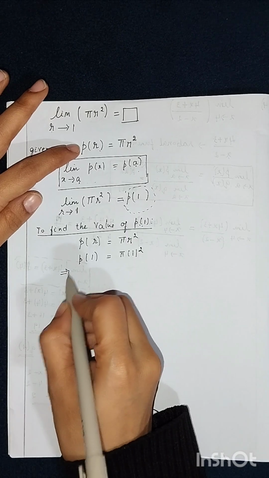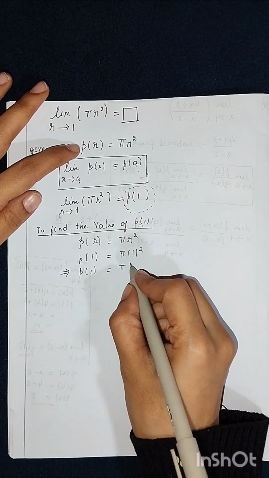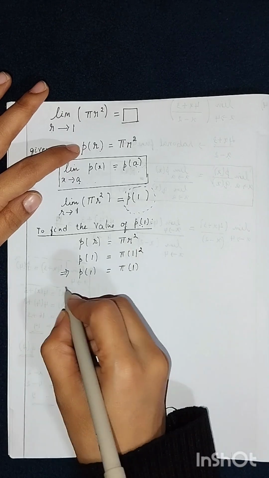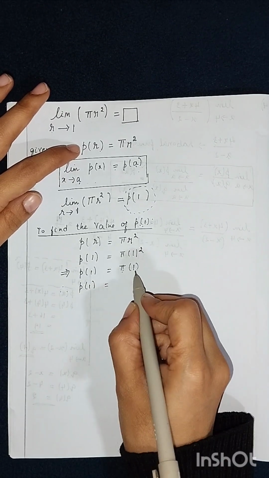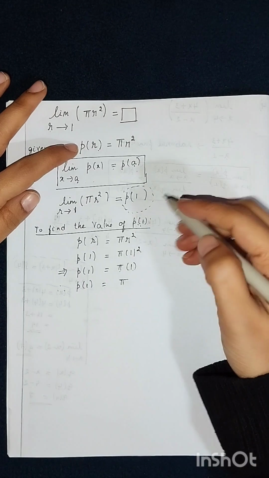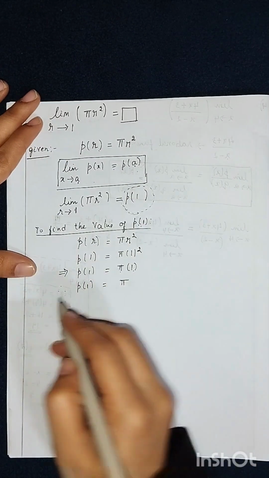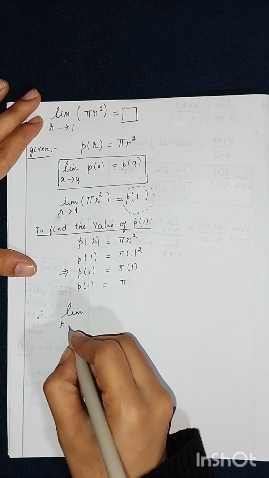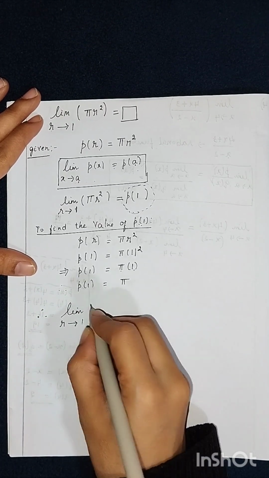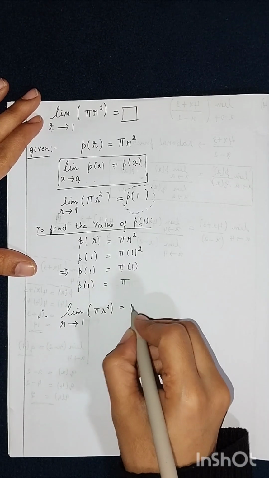So this implies p of 1 is equal to pi times 1 square is 1. So therefore p of 1 is equal to pi times 1 is pi. So we got p of 1 is equal to pi. So what is the final conclusion? That limit when radius tends to 1, the area of the circle will approach pi.